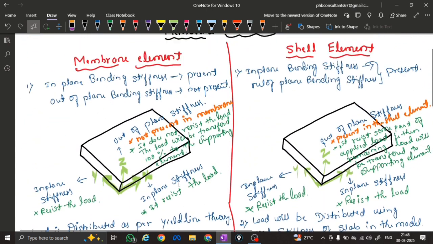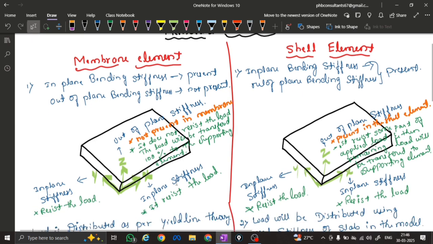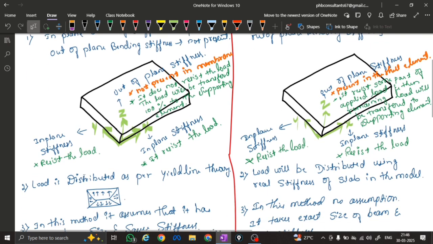So now you know the difference between membrane element and shell element. The difference is in membrane element in plane bending stiffness is present, out of plane bending stiffness is not present. Here both are present. In plane resists the loads, and out of plane is not present in membrane, so the load will be transferred 100% to the beams.